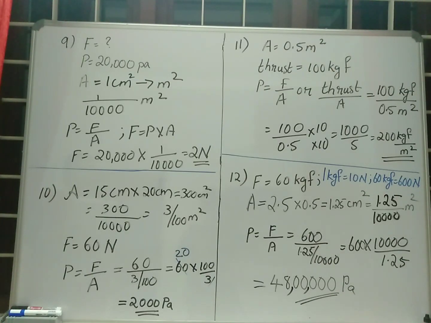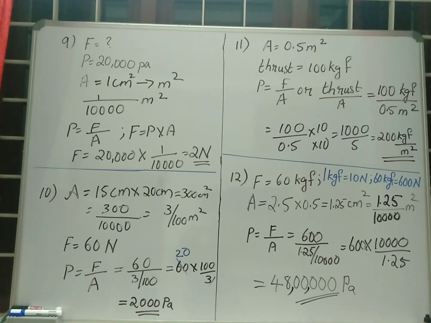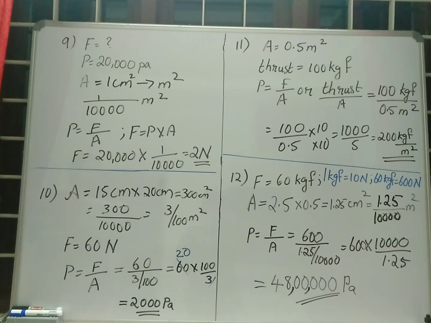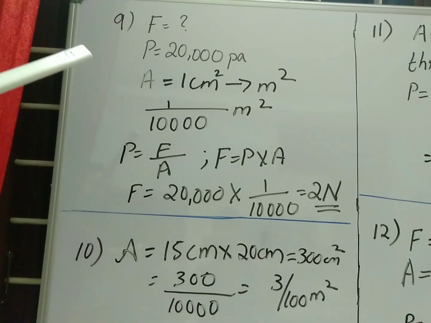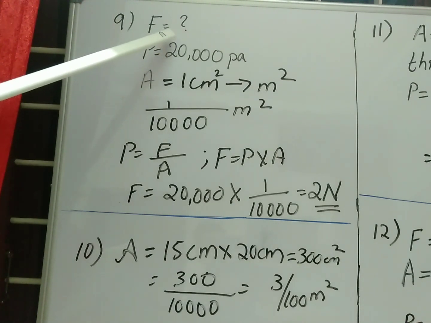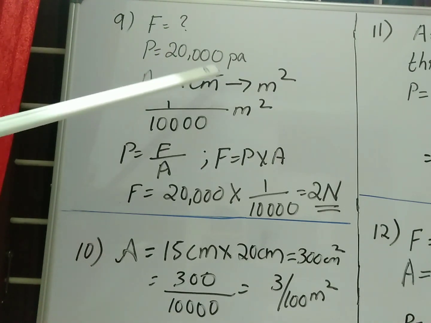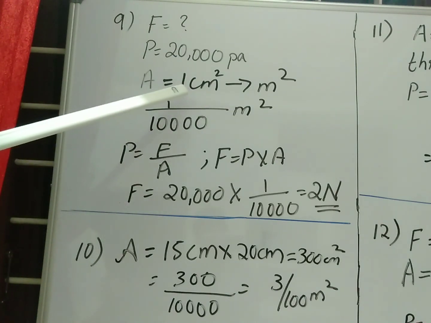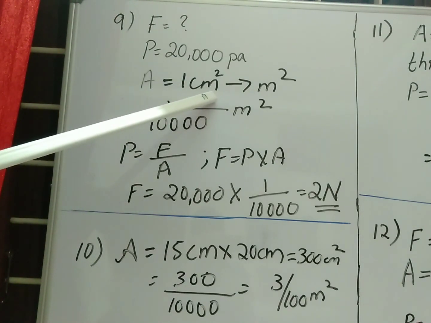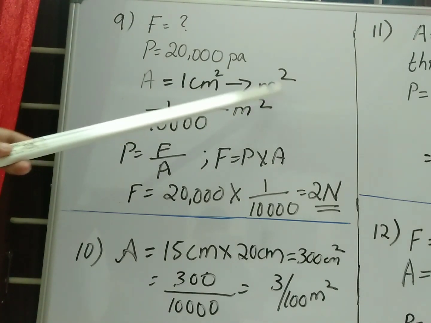Next, question number 9. What force will be required to exert a pressure of 20,000 Pascal on an area of 1 centimeter square? So here we are asked to find the force. Pressure is 20,000. Area is given as 1 centimeter square. Centimeter is not the SI unit, so we have to convert into meter square.